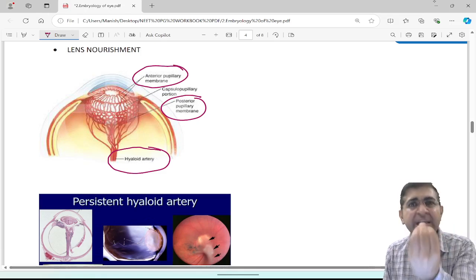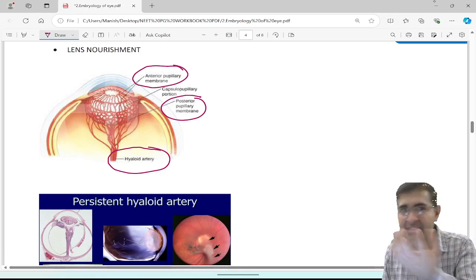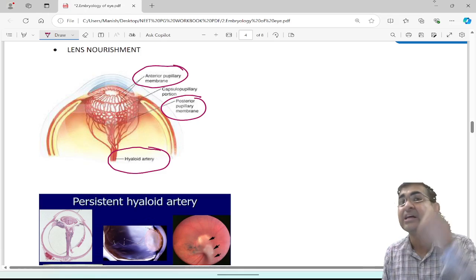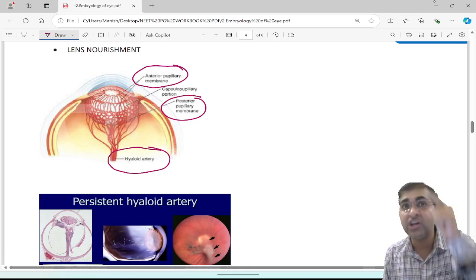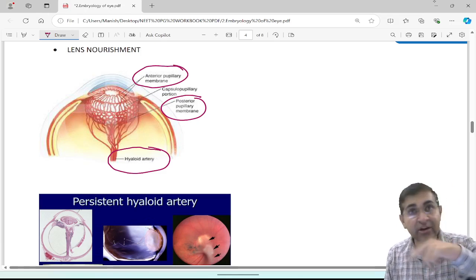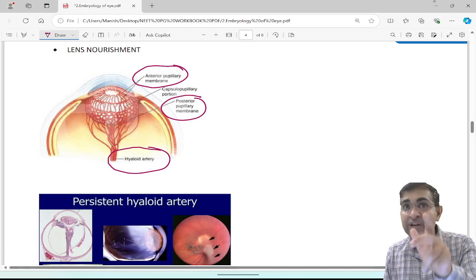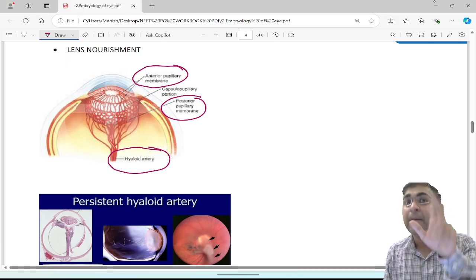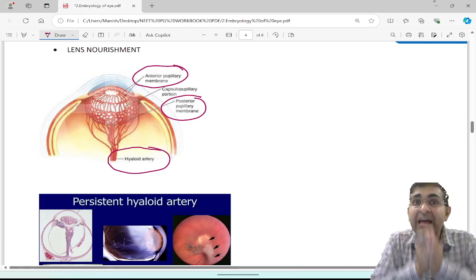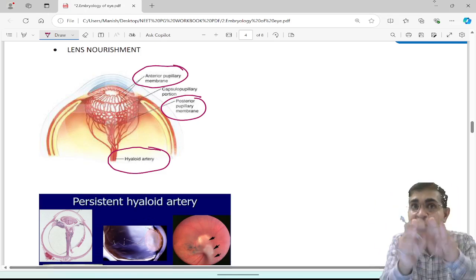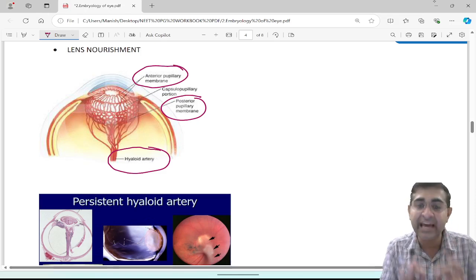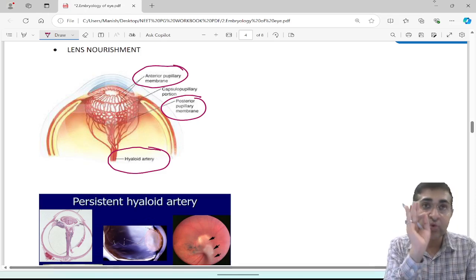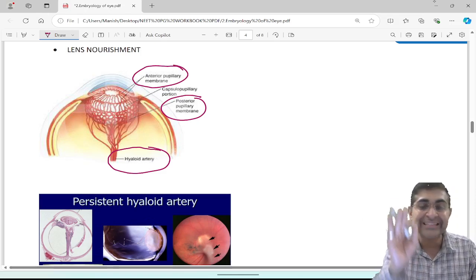You must have seen in my class me telling that there is Bergmeister papilla, there is Mittendorf dot, and there is Musca volitans. These are also remnants of the hyaloid artery only. But if the entire hyaloid artery is left as a remnant, you call it PHPV. So the question was blood supply of the developing lens is all except.